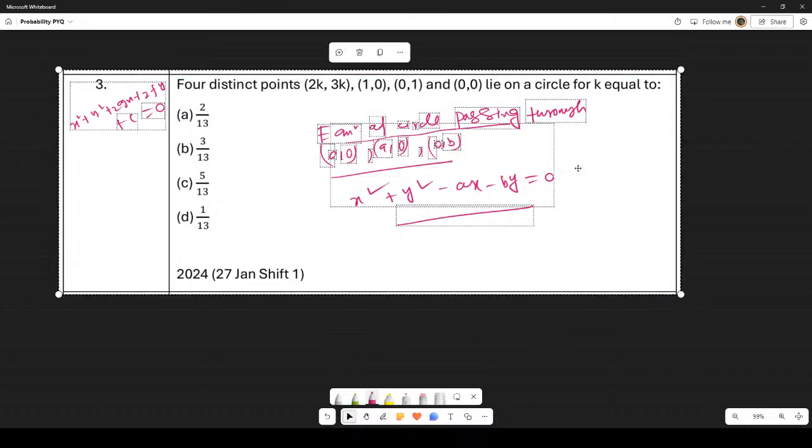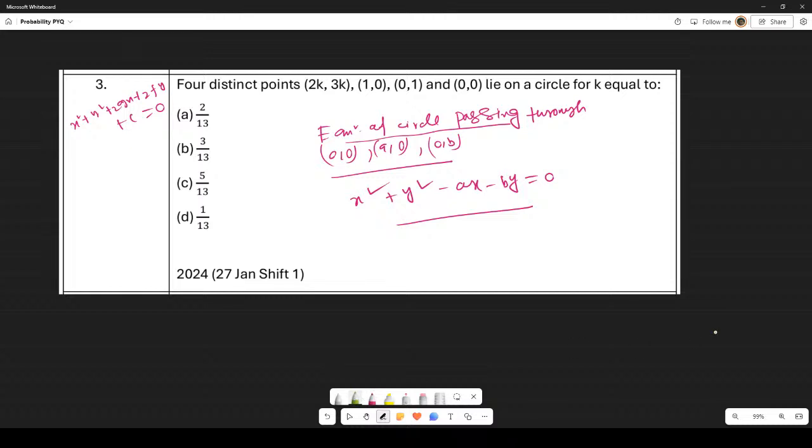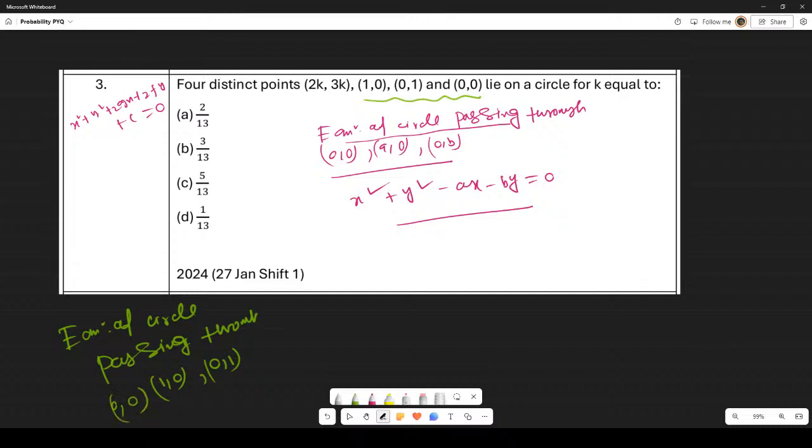So how will you solve this problem now? Circle passing through these 4 points. You take these 3 points. Equation of circle passing through 1, 0, 0, 1 and 0, 0 is what?